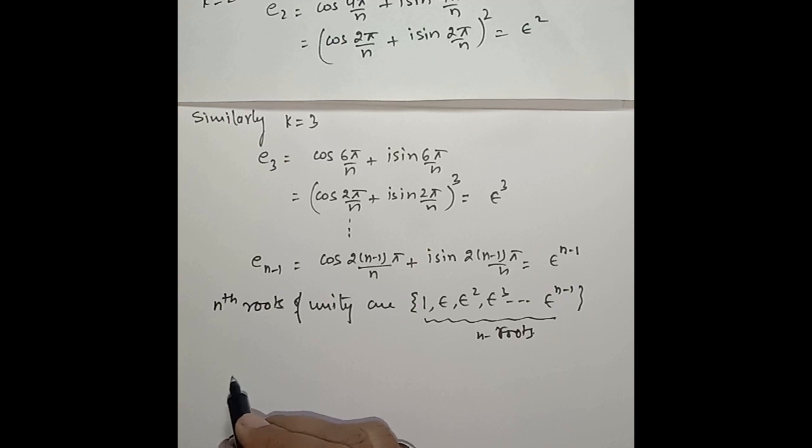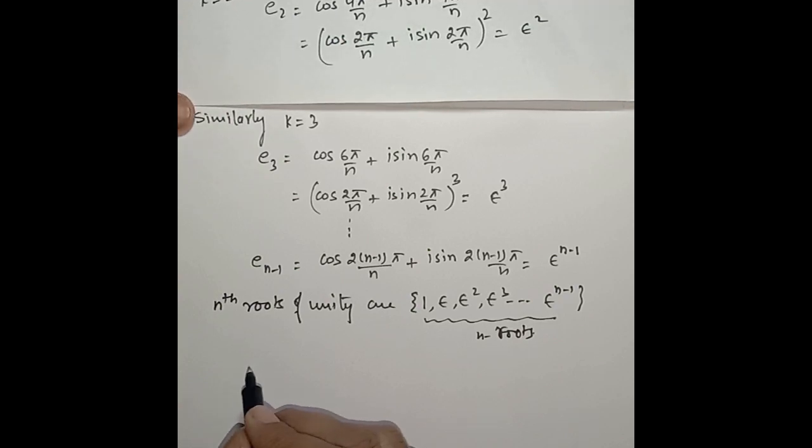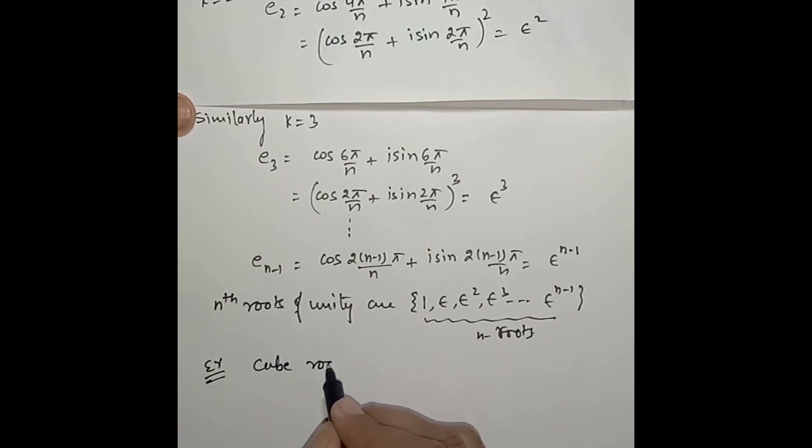And we are already aware of the cube roots of unity. For example, cube roots of unity: z to the power 3 minus 1 is equal to 0.